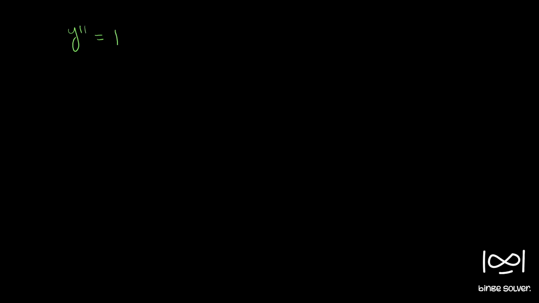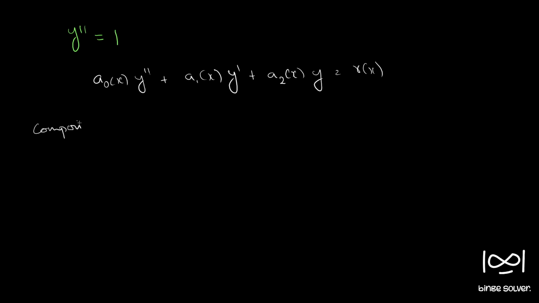In our uniqueness theorem, we had a0x y double dash plus a1x y dash plus a2x y equal to r of x. So comparing these two, we get a0x equal to 1, a1x equal to 0, a2x equal to 0, and r of x is equal to 1.